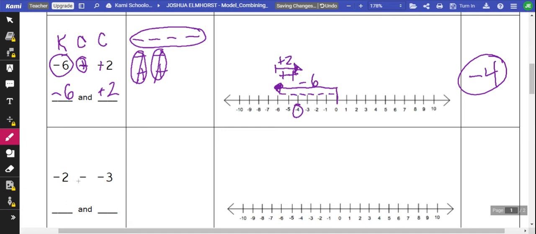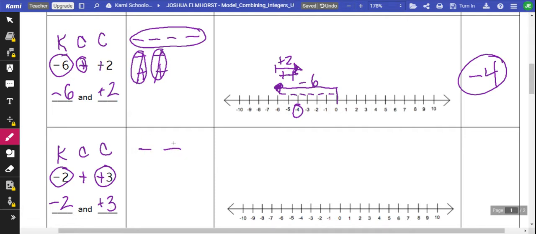Okay, and down below, we've got keep, change, change. Keep the first integer the same, change the middle sign, and then change the sign of the second integer. So we have -2 and we have +3.